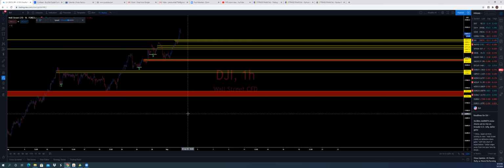Guys, definitely be taking screenshots of these levels and things, man, because the opportunity comes and it goes just as fast as it comes. I'm telling you, you see it with your own eyes, night after night, week after week, month after month. These levels have been holding true for a while.